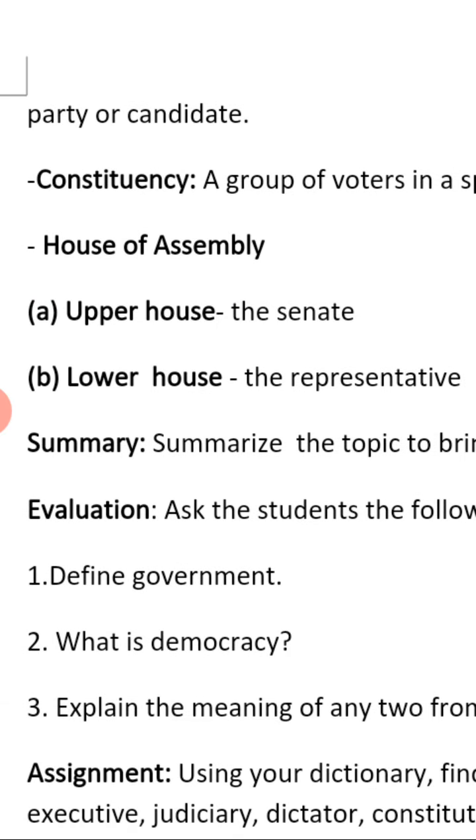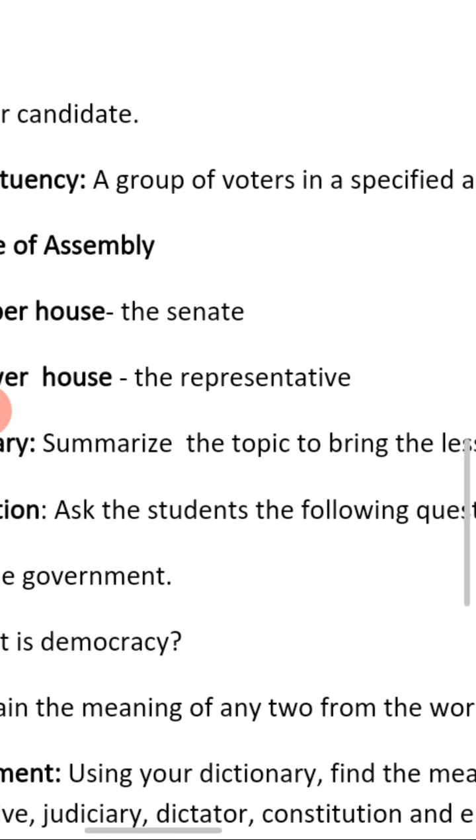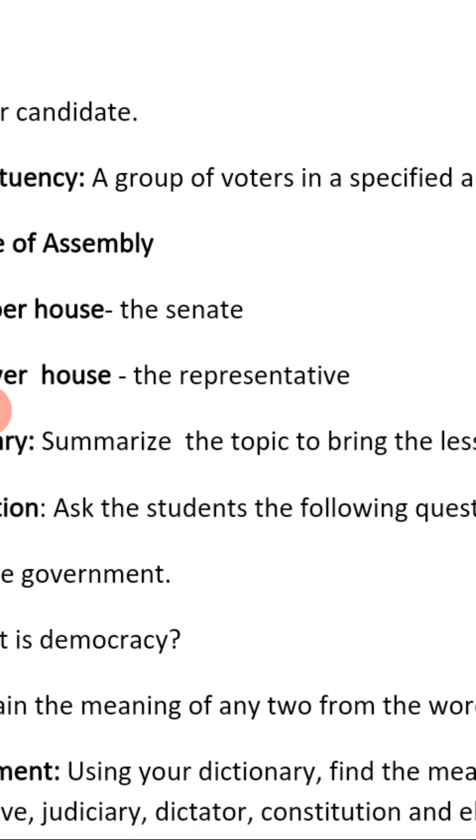As I have said, we have the house of assembly, that is the national house of assembly, and the state house of assembly. The national house of assembly consists of the upper house, that is the house of senate, and those who are elected into this house are known as senators. And then we also have the lower house, that is the house of representatives.